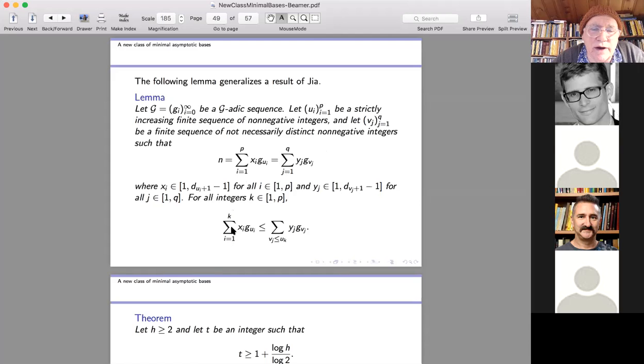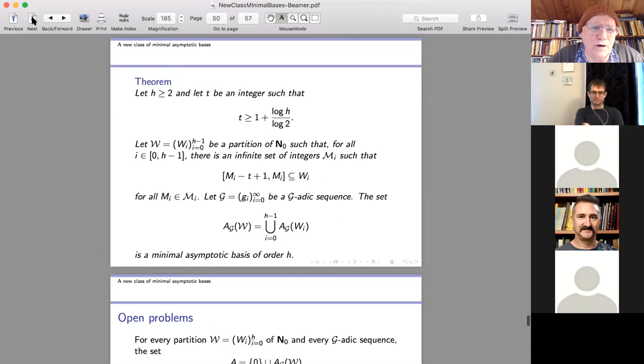So I have an inequality of this sort. And yeah, you have to do some arithmetic to do this. So here's an example of a sort of theorem you can prove.